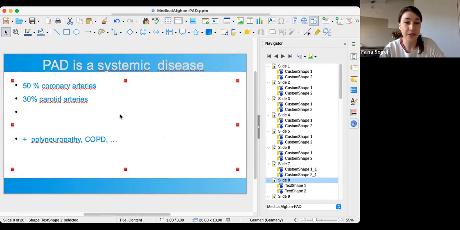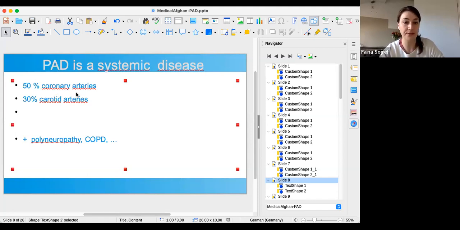Why is this important? Because you need to send your patient to get a cardiological checkup. They might feel the pain in their leg, but they are not going to feel the pain in their heart until it's too late, until they develop a full-blown infarct, which of course we want to avoid.